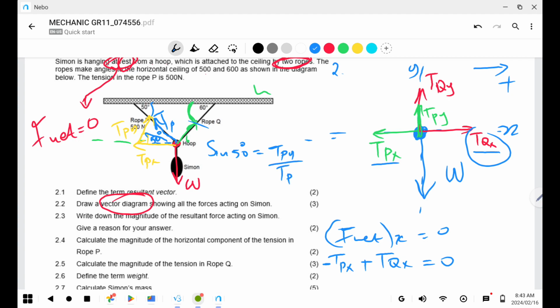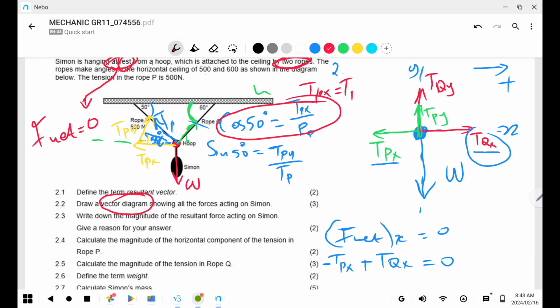If you define cosine of 50 degrees, that is the adjacent, the side next to the angle, that is TPX divided by TP. So we can clearly see that the x component is taking cos. If you cross multiply, it will tell us that TPX is equal to TP cos of 50.